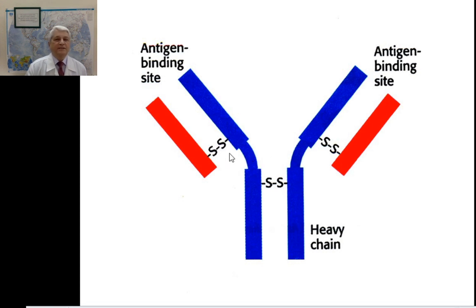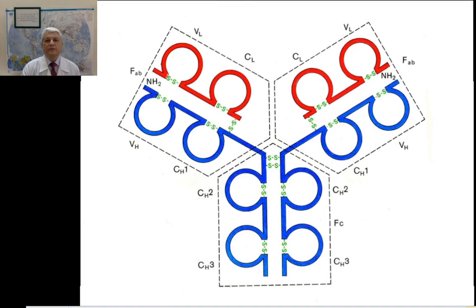What is SS? This is understandable. This is the disulfide bond between light chain and heavy chain, and between the two heavy chains. Other things are written: antigen binding site, and heavy chain. And this is not written, but this is understandable. This is light chain. Let's go on.